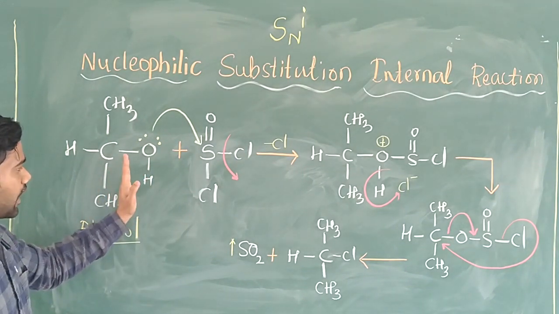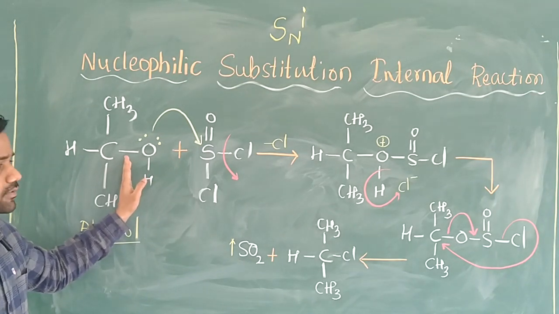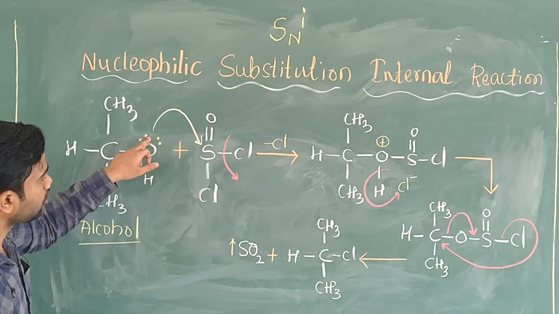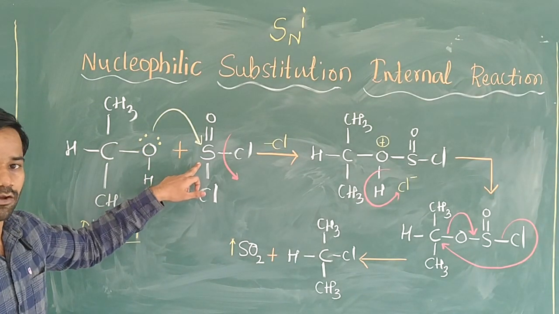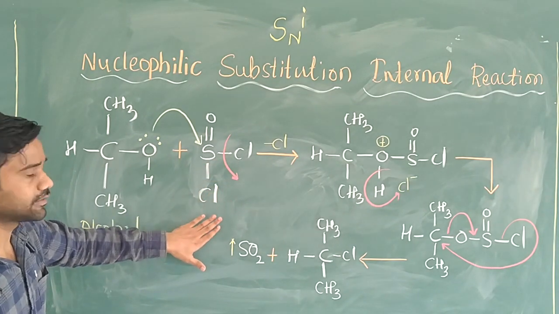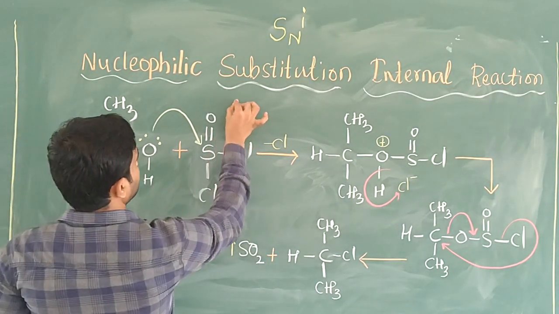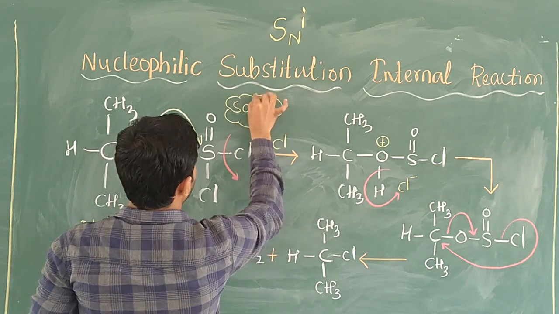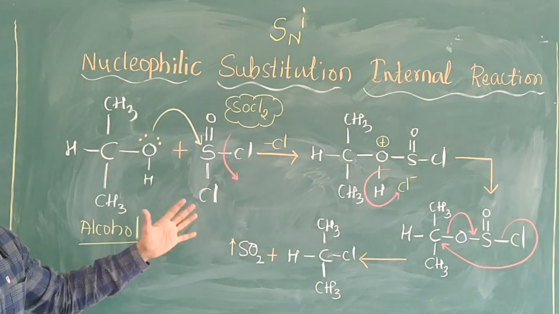You already know that higher electron density will move towards lower electron density. That is the low electron density complex, your thionyl chloride. I am writing it in the structure form.